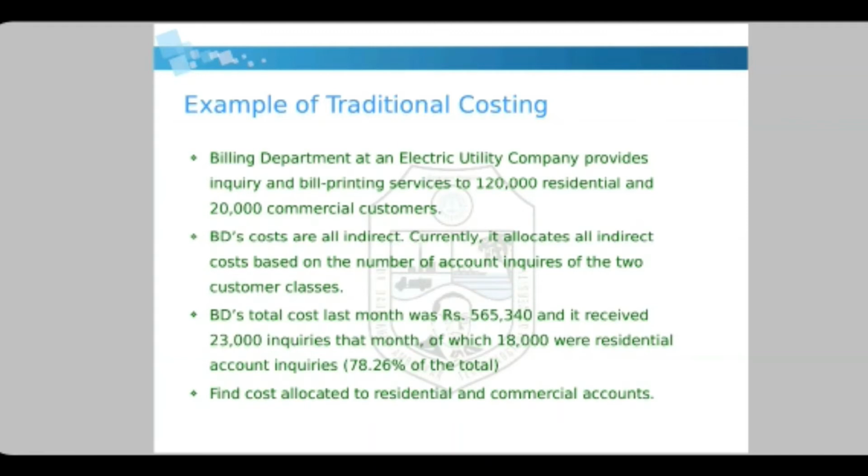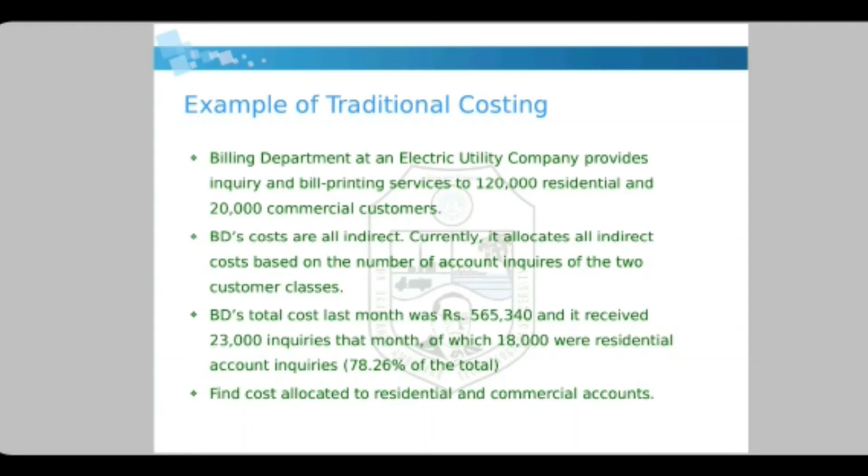Right. So in this case, they have said that all costs are indirect costs, so there must be a cost driver. In this case, the number of inquiries will be the cost driver. Depending upon the number of inquiries, the cost of the customer will get allocated into the product cost or service cost.